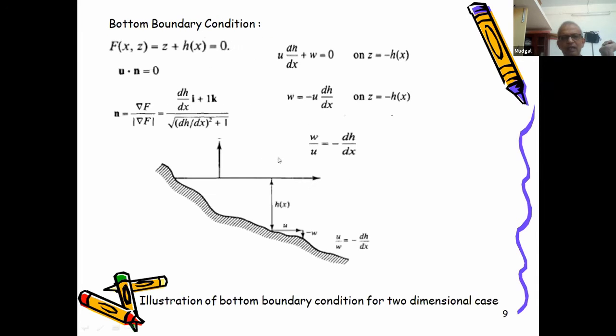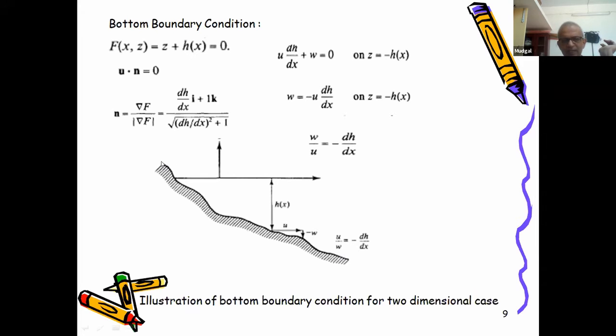Then you have the bottom boundary condition. Generally you will have the bottom to be of some nature like this near the beach, and maybe at the deep sea you can take the bed to be horizontal. Now this f is a function of x and z.